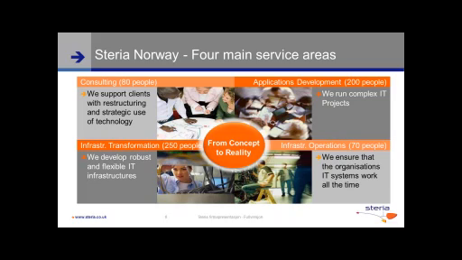So in all, it's a concept to reality. We will work with the customers right from day one, right the way through to running the operations for them at the end.